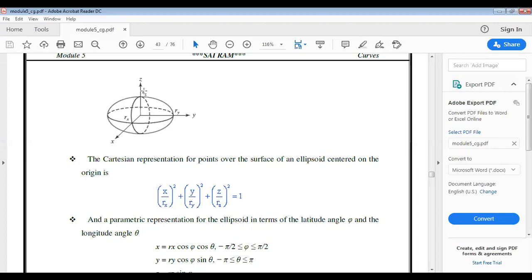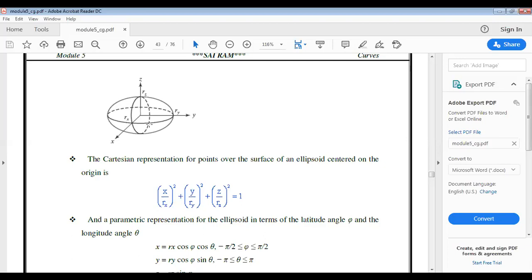There is a clear difference between the radius along the z-axis and the radius along the y-axis, and this is the circumference that comes along the y-axis. And this is the radius along the x-axis. The x-axis radius is different, the y-axis radius is different, and the z-axis radius is different. This is what your ellipse is.